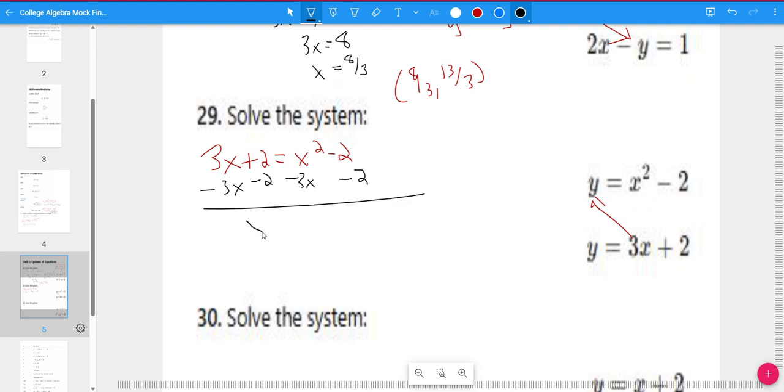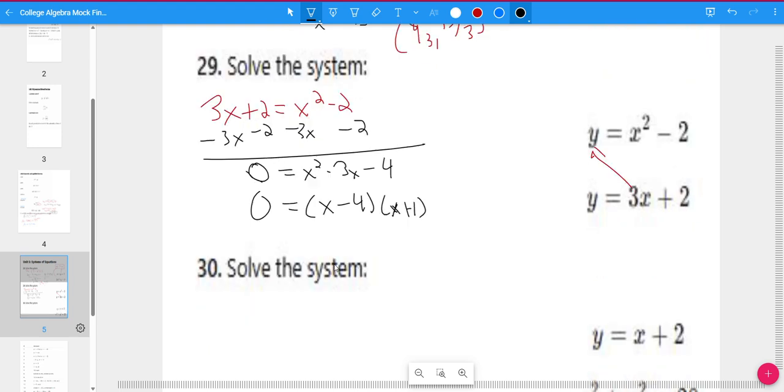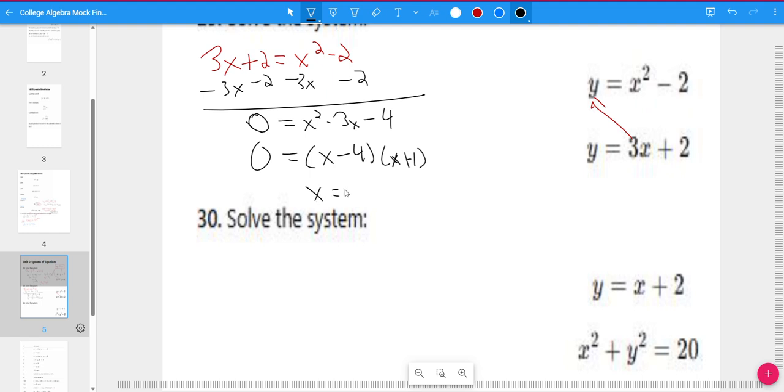So that gives me 0 equals x squared minus 3x minus 4. That's going to factor out to x minus 4, x plus 1, which gives me x equals 4 and x equals -1.